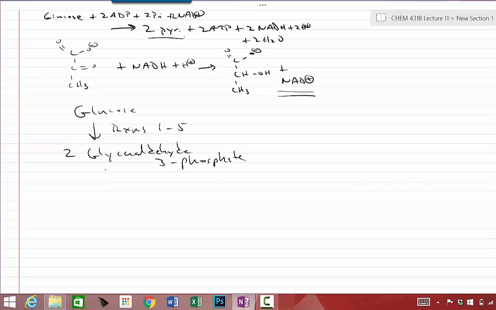And then we have this enzyme known as glyceraldehyde 3-phosphate dehydrogenase. I'll abbreviate that as GLY 3-phosphate dehydrogenase, but I'll put these exclamation points around it so you know that's an enzyme. And that converts 2 glyceraldehyde 3-phosphate into 2 molecules of 1,3-bisphosphoglycerate.